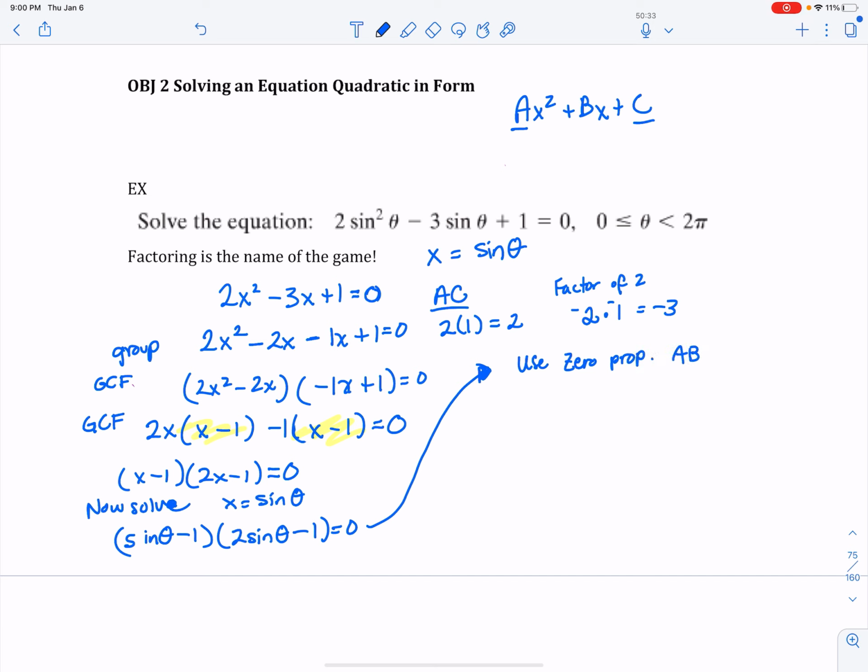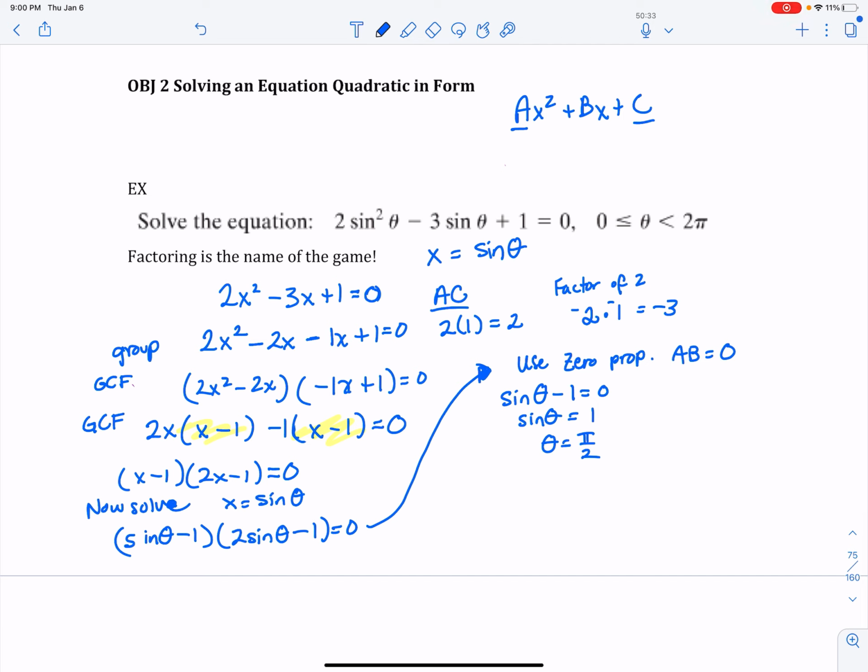The 0 property says anything times 0 equals 0, so a can equal 0 and b can equal 0. So a would be sine theta minus 1 equals 0, and I have to solve for that. So sine theta equals 1. If you look on the unit circle, look for where sine equals 1. And you're going to find that sine equals positive 1 where theta equals pi over 2. So there's one of my answers.